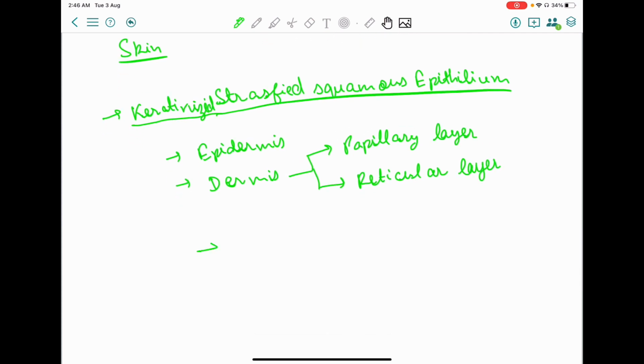And there are some glands present, such as sweat glands. And what is the other type of gland? That is the sebaceous gland. These are the glands present in skin.